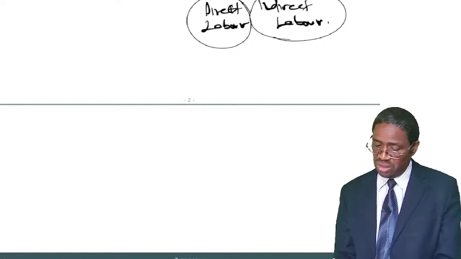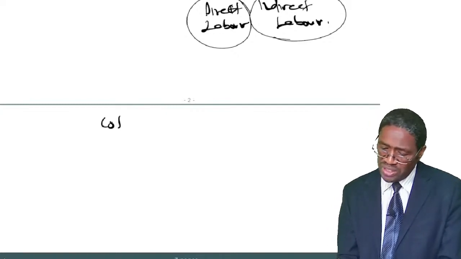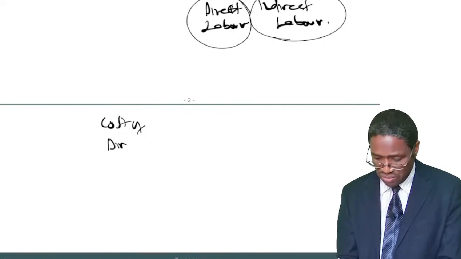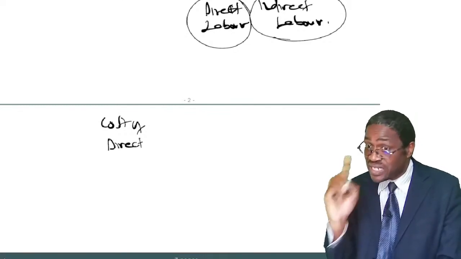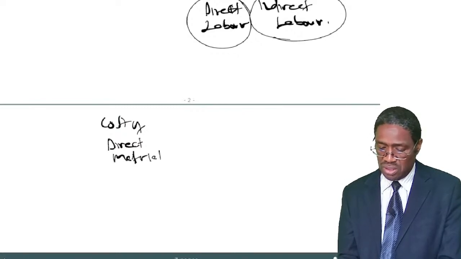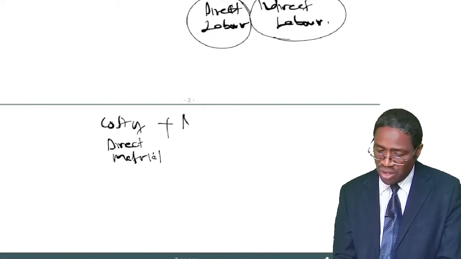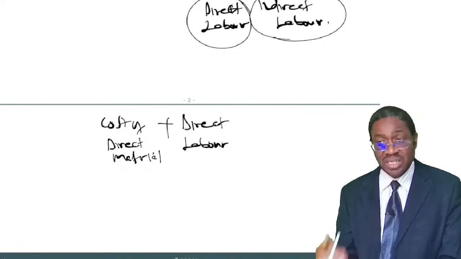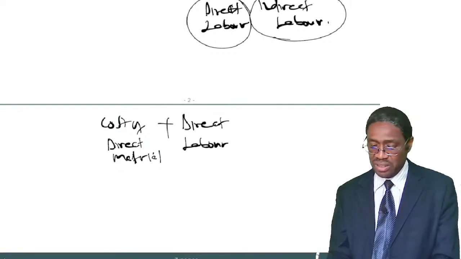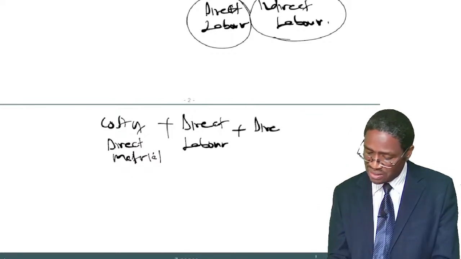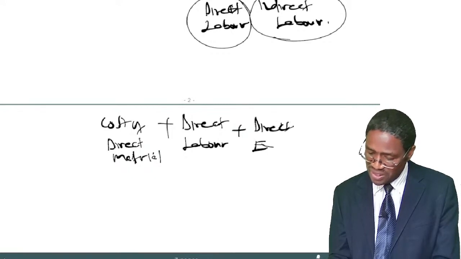of production, we normally take what we call the cost of direct materials. You add the cost of direct labor. You add what we call direct expenses.